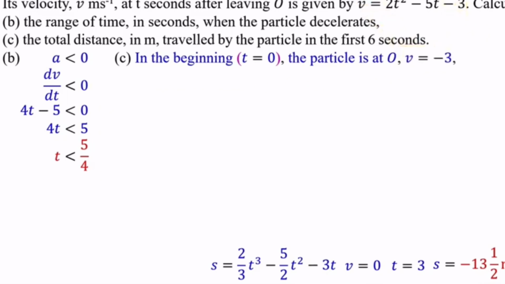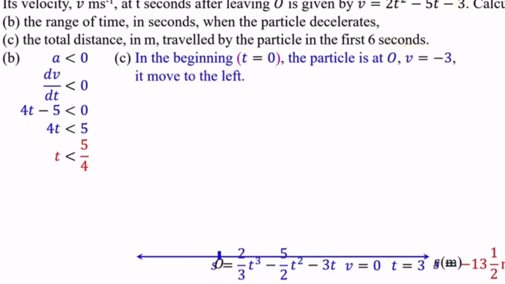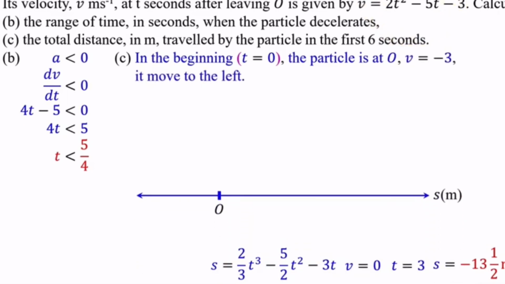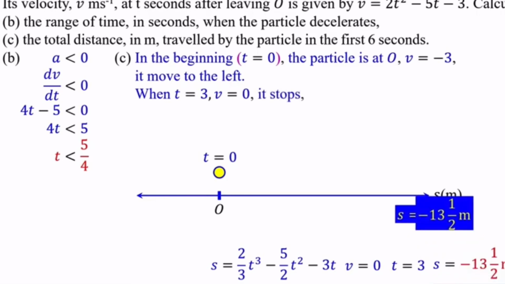So for C, the total distance traveled by the particle in the first 6 seconds. At the beginning, t equal to 0, the particle is at the fixed point with a velocity of negative 3. So it means that the particle is moving to the left. Now let's study the movement of the particle. At t equal to 0, the particle is starting at the fixed point O, having the velocity negative 3 meters per second, meaning that it is moving to the left.